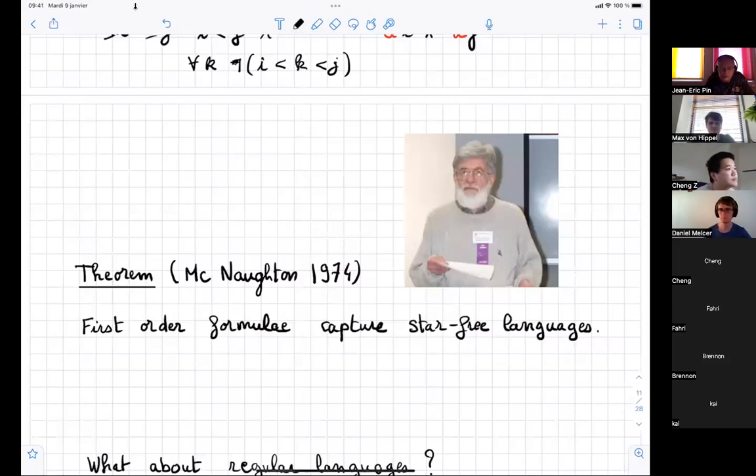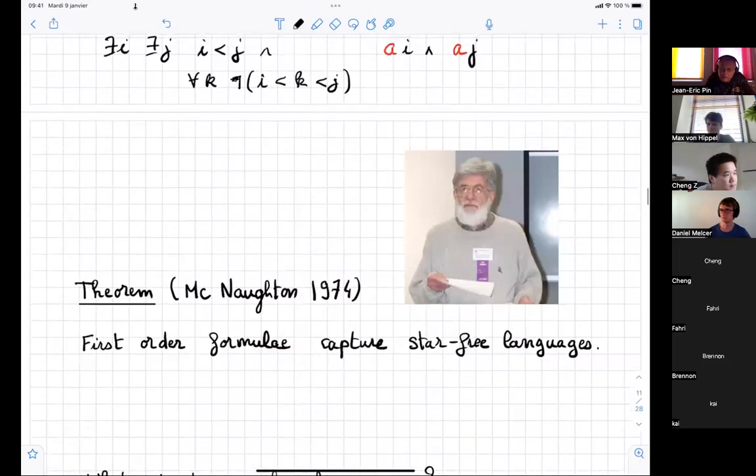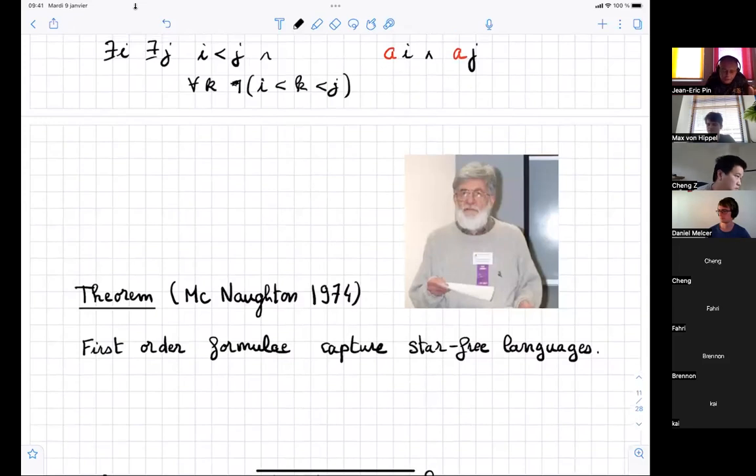It means you have quantifiers just on variables. And so if you start with Starfree languages, you can find a first order formula which represents the language. And conversely, if you have a first order formula, it necessarily represents a Starfree language.